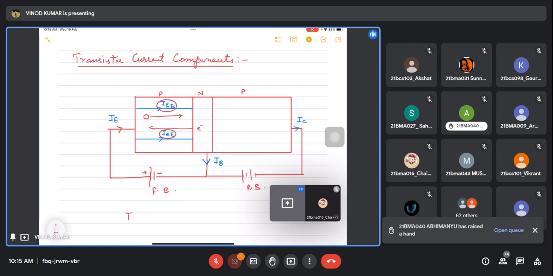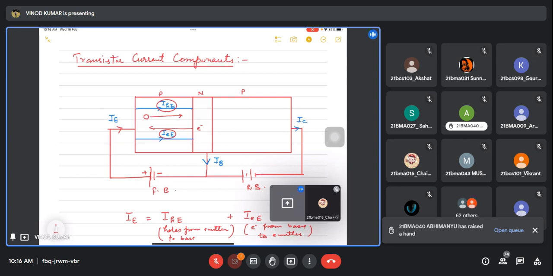So IE is nothing but holes from emitter to base plus electrons from base to emitter.